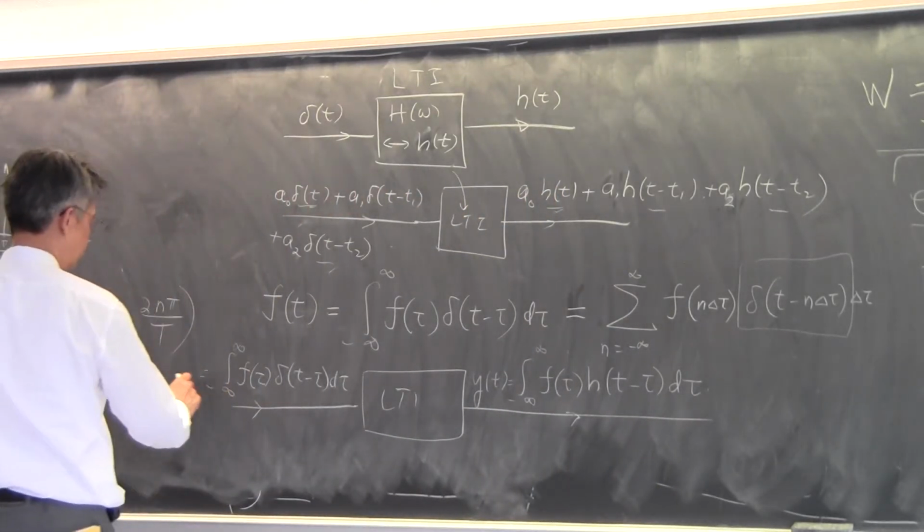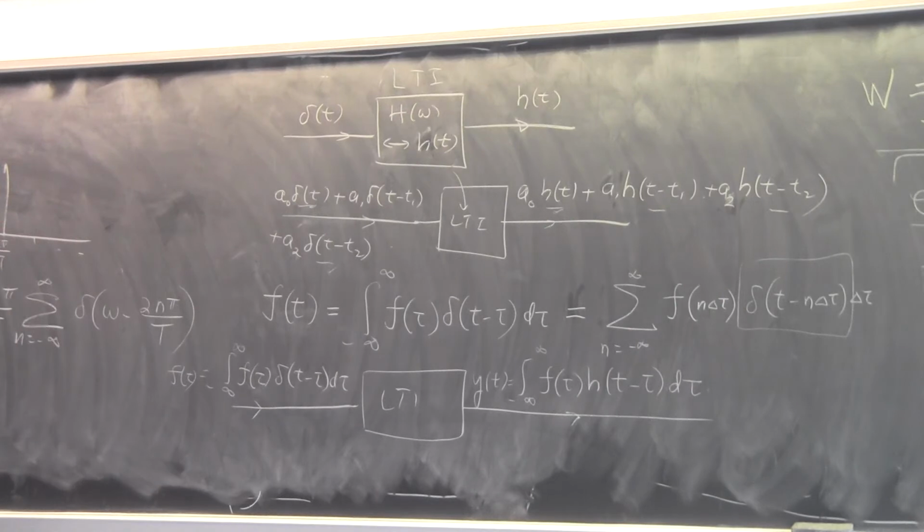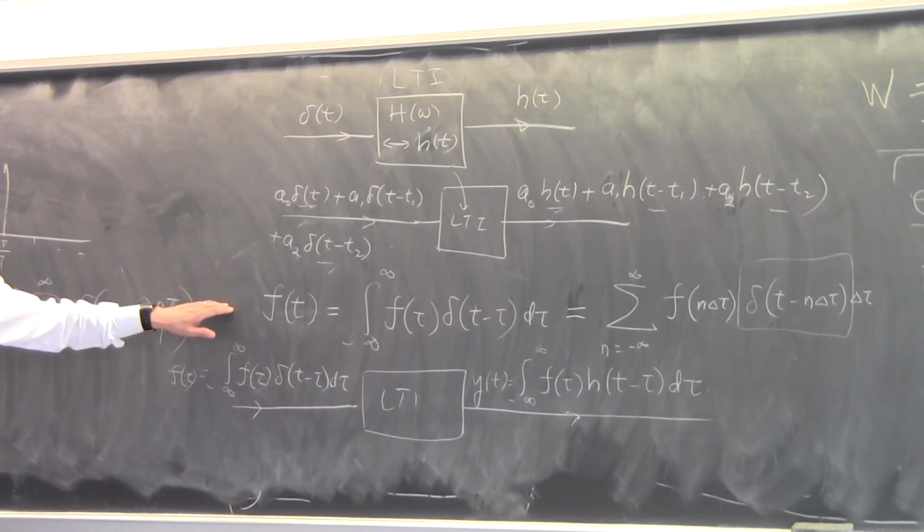This is my input. So this is another way to gain physical insight into what convolution is. Convolution is actually calculating the response of a system after you have known its impulse response. And all functions can be written as a linear superposition of impulses.